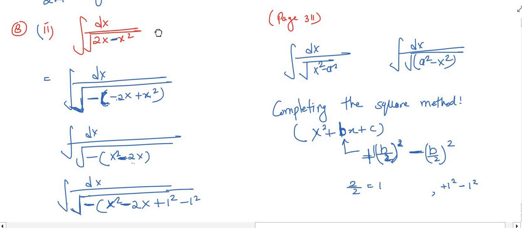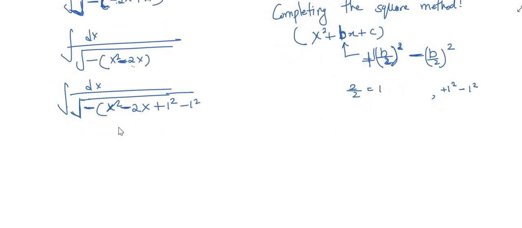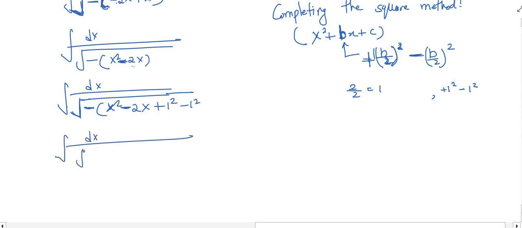Perfect. Now what do we have to do next? See here, under root of minus, it is still there, x square. Just observe carefully from here to here, what does it look like?